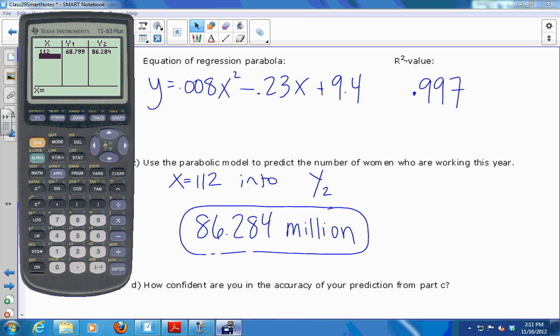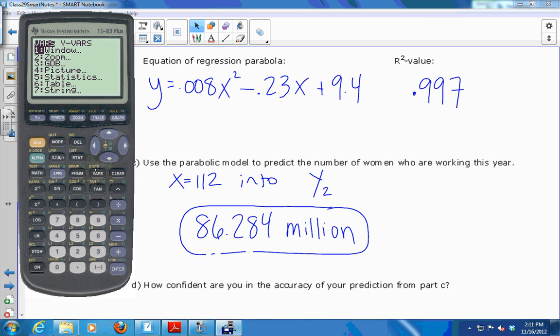So I'm going to show you another little nifty thing your calculator can do, which I did not show you when we did linear regression because you didn't know function notation yet, the f of x notation. Your calculator knows the f of x notation. So if you go to the home screen, I can tell it to evaluate y2 when x is 112 by calling up y2.